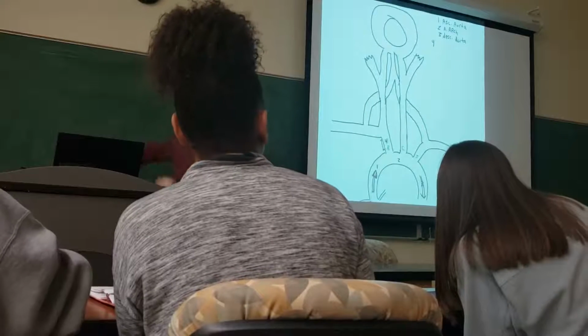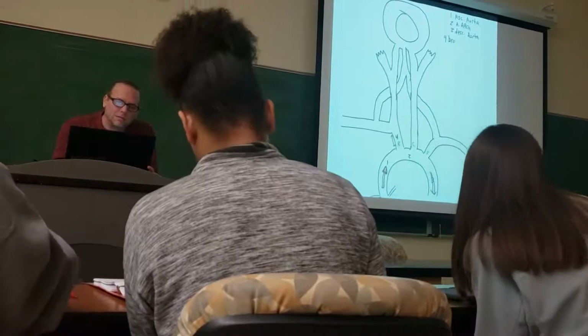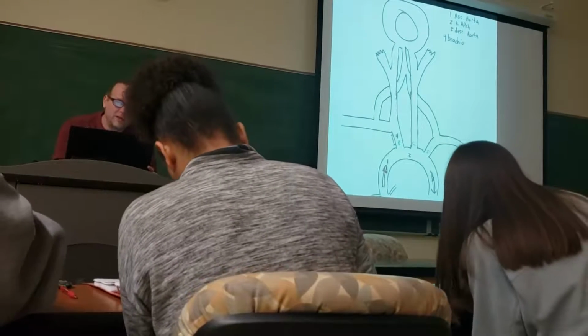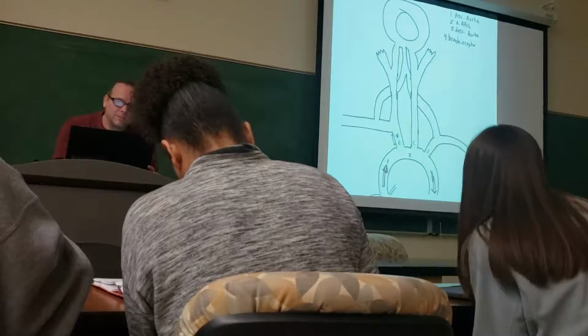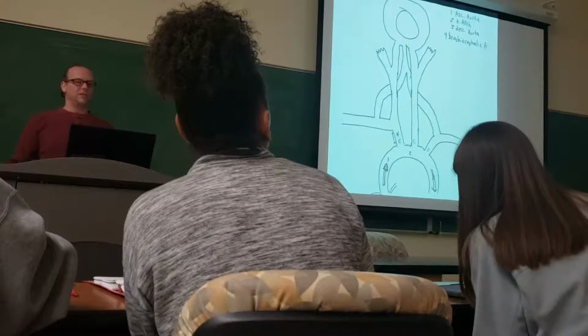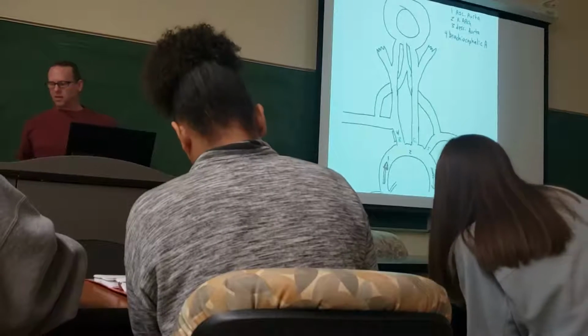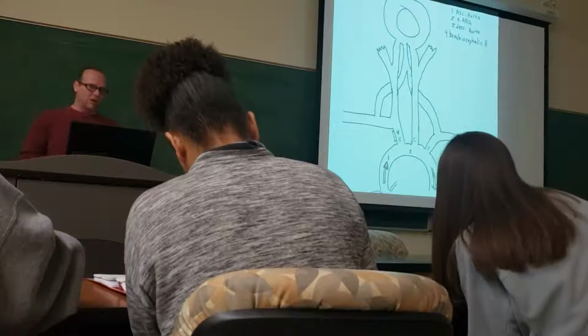Okay. So arm is brachio. Brain is cephalic. Brachiocephalic artery. We call it brachiocephalic trunk. The BC trunk. Keep it real short, but brachiocephalic artery.